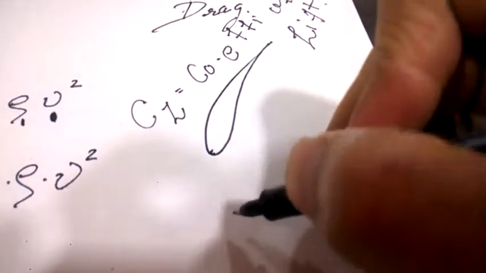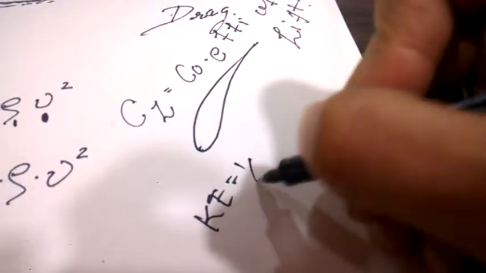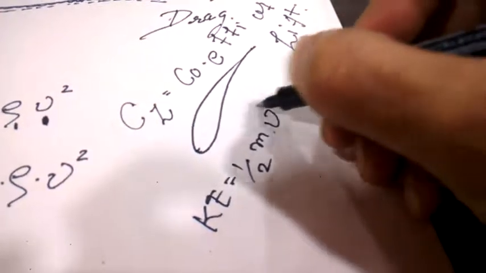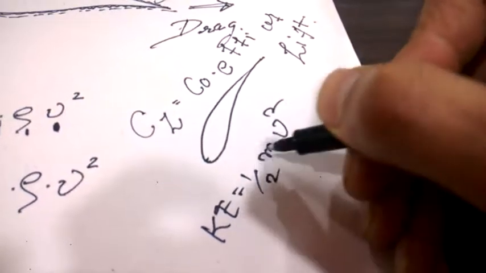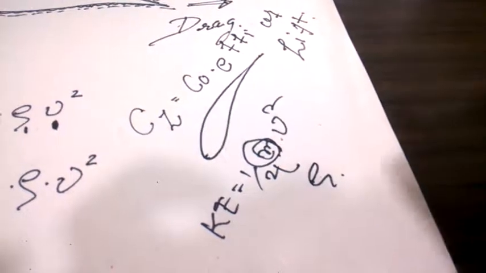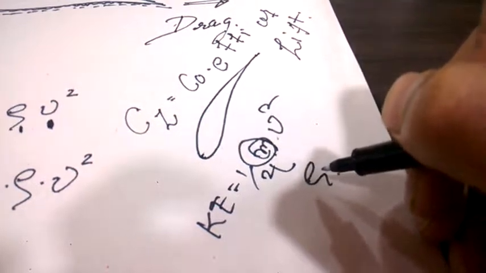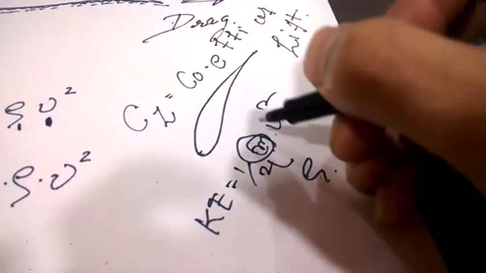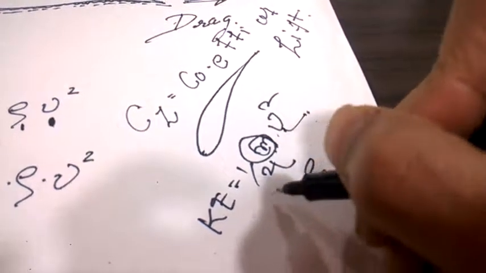Now this formula is very similar to the kinetic energy of any material, half m v squared. Same, here we are taking mass, here we are taking rho, because we are discussing fluid, that's why we are taking mass per unit volume. 1/2 same.